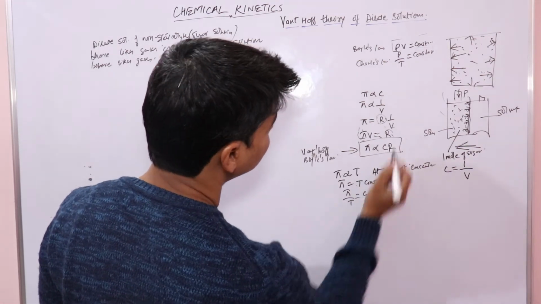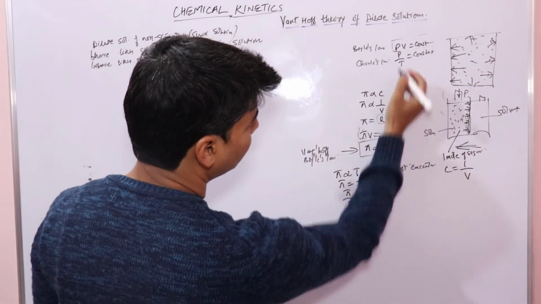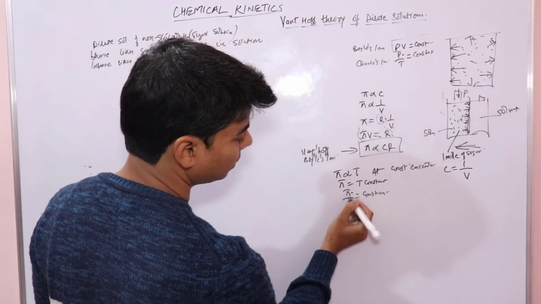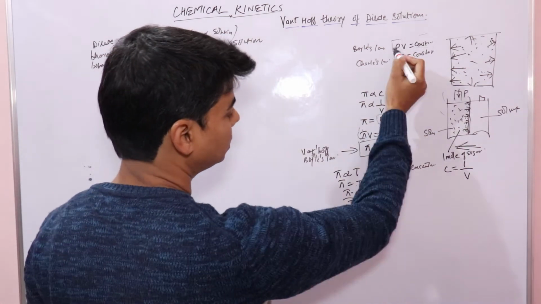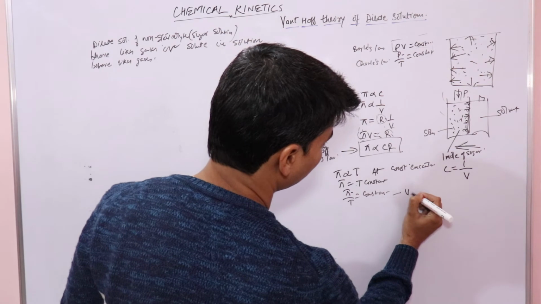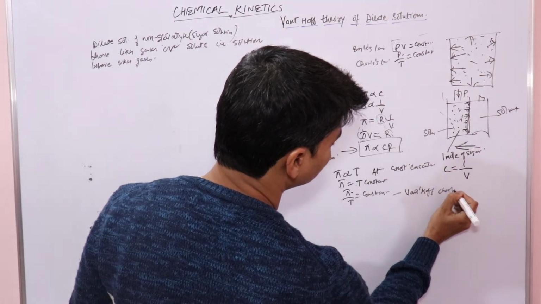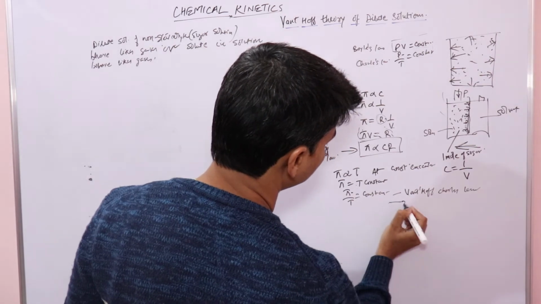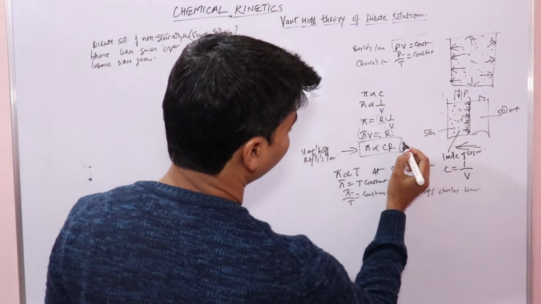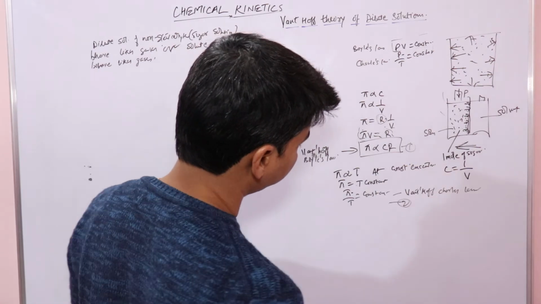If you compare this with Charles law, P is replaced with pi. Pi is your osmotic pressure, this is your gas pressure. So this is your Van't Hoff Charles law. This is your second equation. This is your first equation.